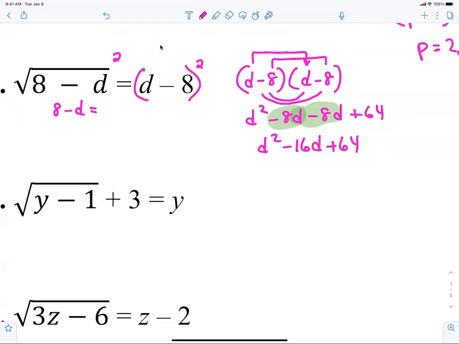And then I'm just going to bring the 8 minus d over. Did everybody see what I did? I just brought this piece back over here. Now it's quadratic, so we need to set it equal to 0. So d squared, I'm going to add d. So if I add a d to -16, that becomes what?